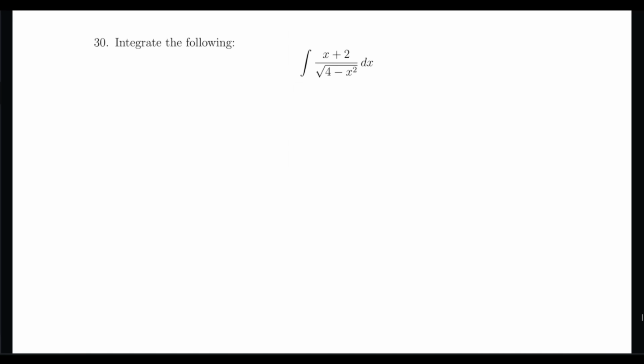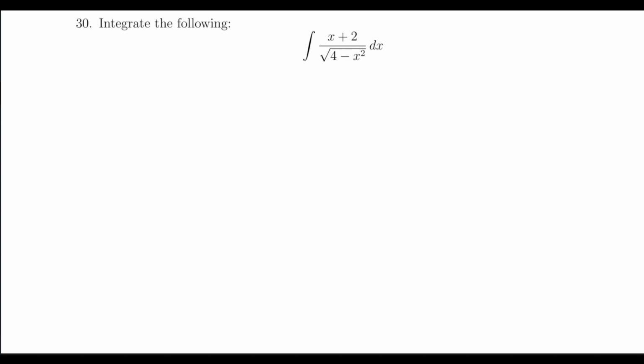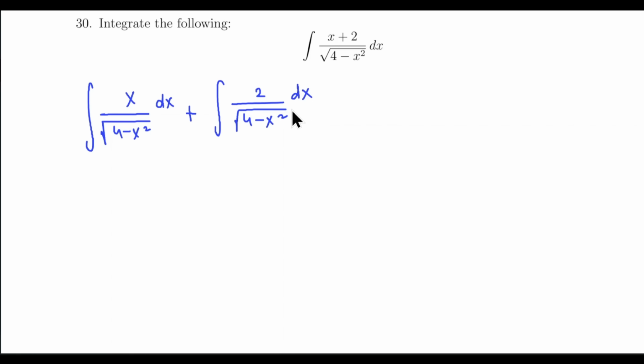Right. The next one that we have here is this one. So this is also a trick, but not as straightforward. Pretty interesting question. First, I'm going to split this up in two integrals. So the denominator root of 4 minus x squared, with x on top, is written as the first integral, plus 2 over root of 4 minus x squared is written as the second integral.